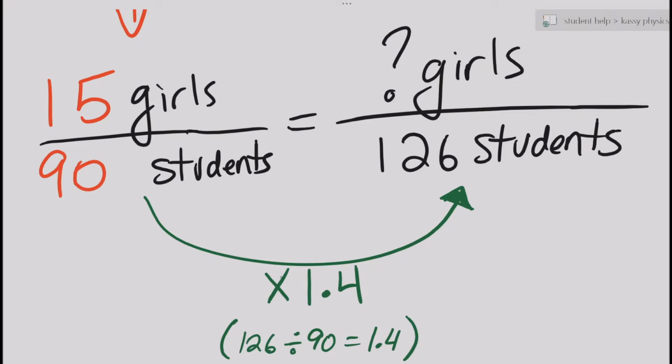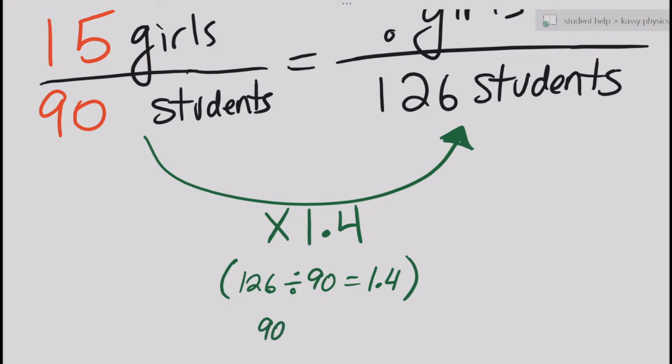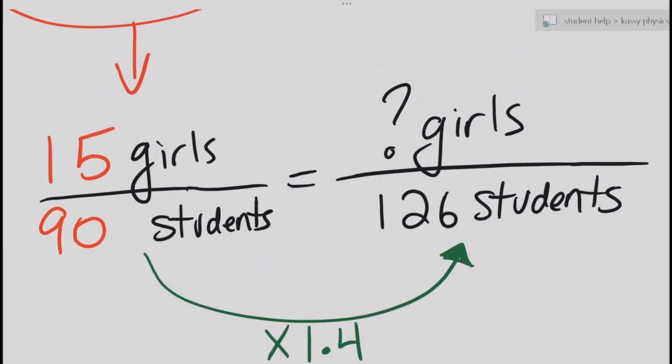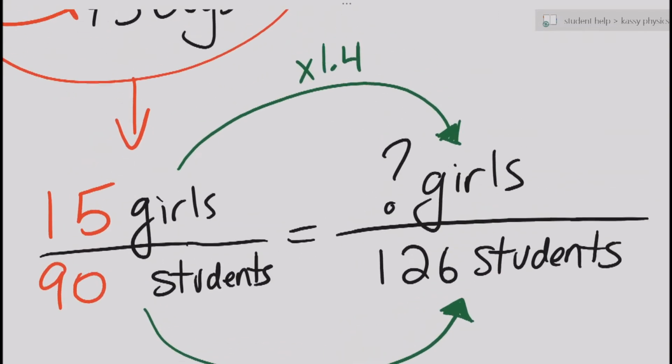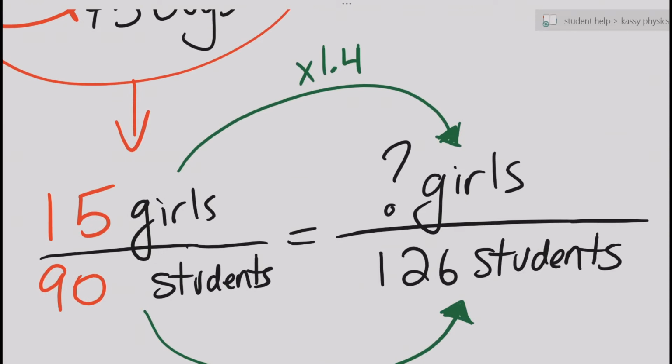So that means we had to multiply by 1.4 to take this 90 and make it 126. The other way we could write that is 90 times 1.4 equals 126. Two ways of saying the same thing. And if that's what we had to do on the bottom, then on the top, we do the same. We say, okay, 15 times 1.4, because whatever we do at the top of a fraction, we have to do the same to the bottom of a fraction.